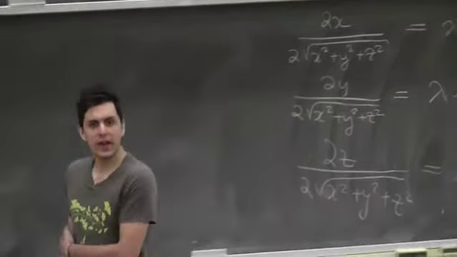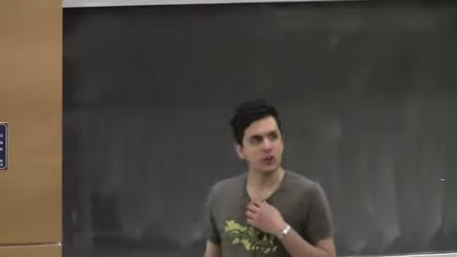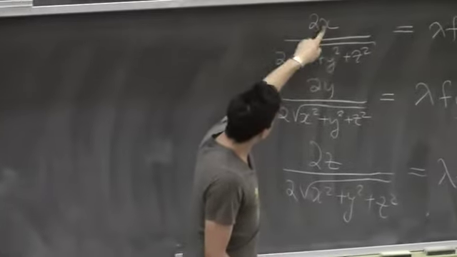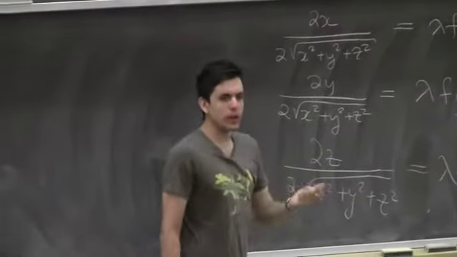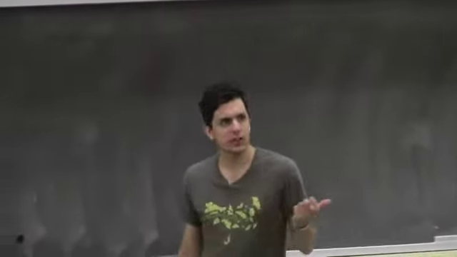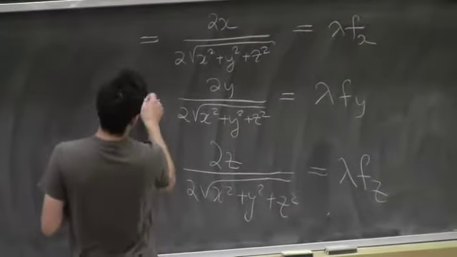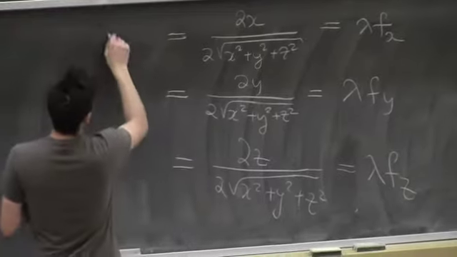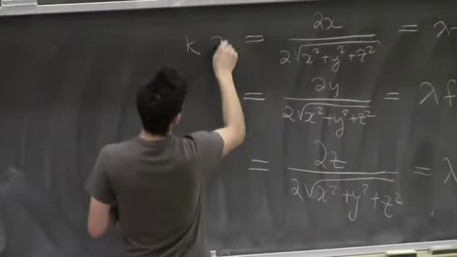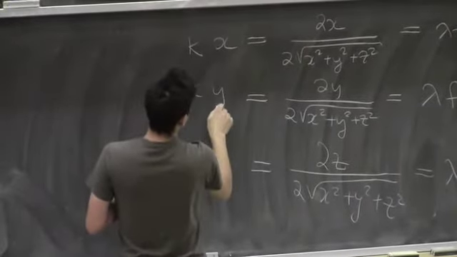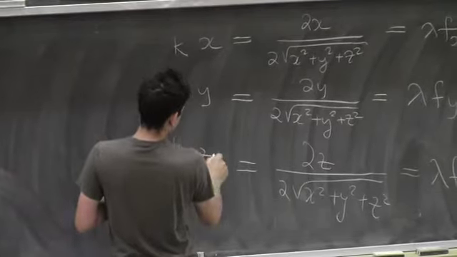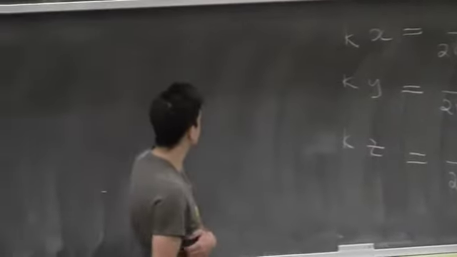Okay, so now I want to observe the following fact. This x, y, z is parallel to our original vector. Right? So this is really some number times x, some number times y, some number times z. Okay?